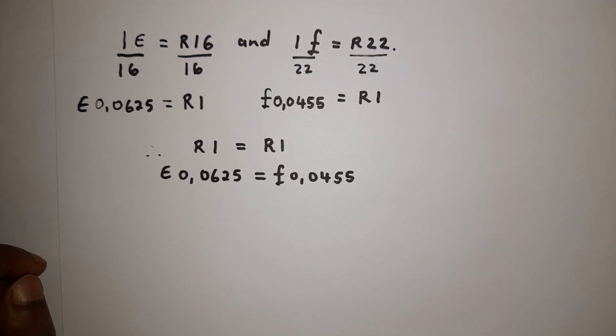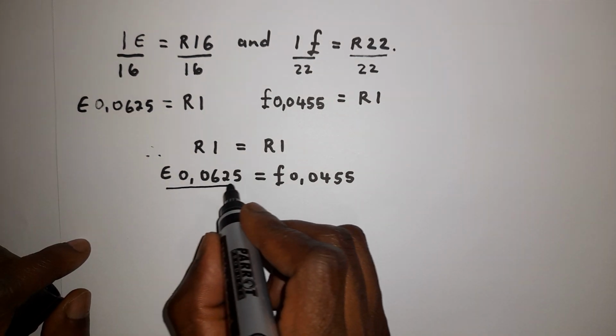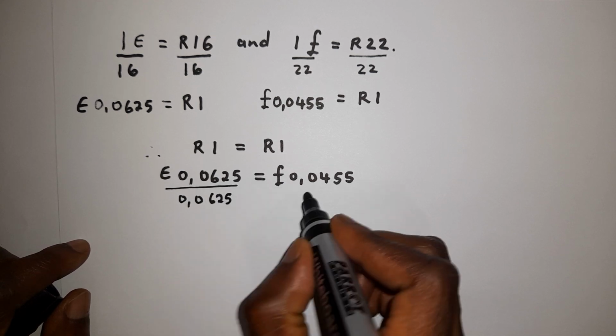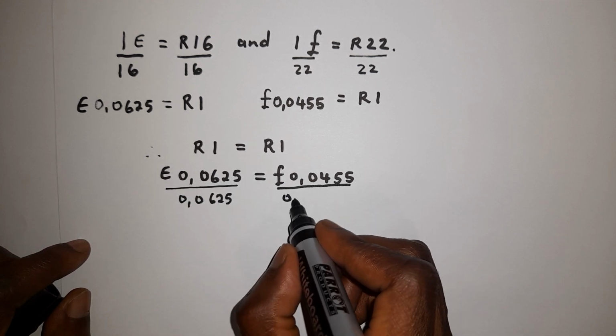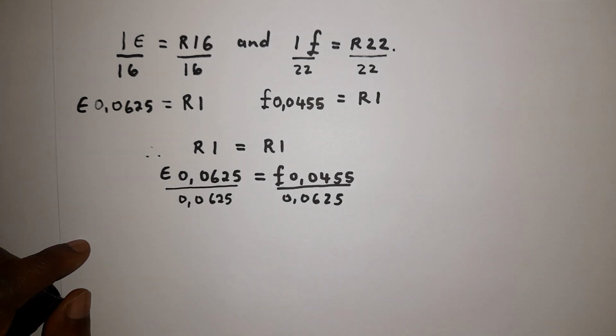So we want to know how many pounds there are in a euro. So we just divide this by 0.0625. We also divide this one by 0.0625 to give us the exchange rate between the two.